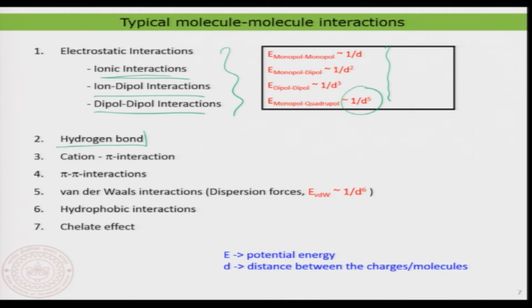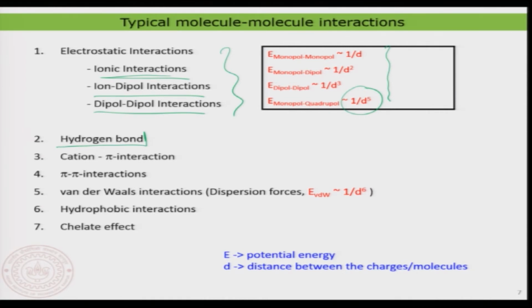Then you have another very important interaction known as hydrogen bonding, the type of interaction that you would find in the water molecule, which is not a covalent interaction. It is a non-covalent interaction. However, the interactions are ionic in nature, where a partially positively charged proton and a partially negatively charged oxygen interact between adjacent molecules, leading to a strong non-covalent interaction, namely hydrogen bonding.